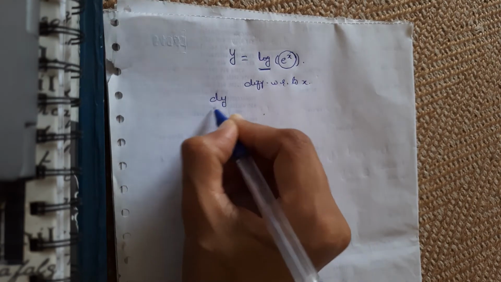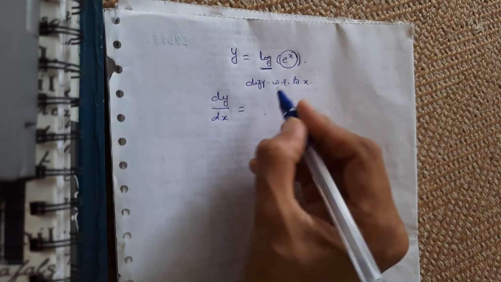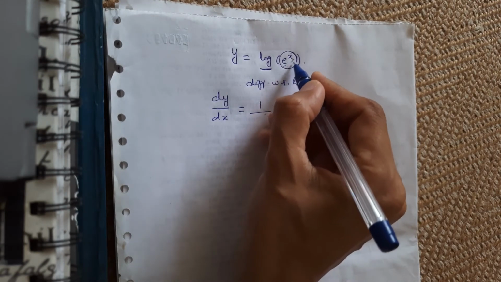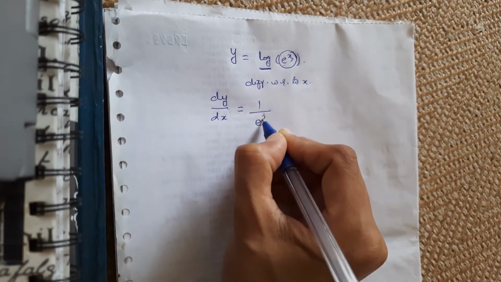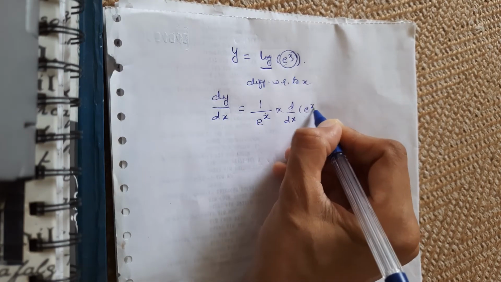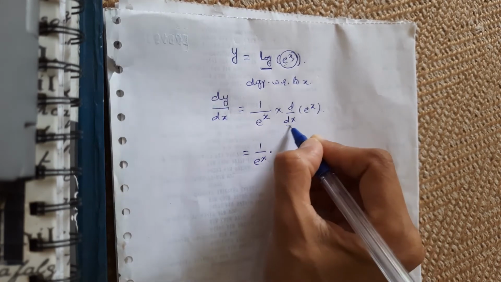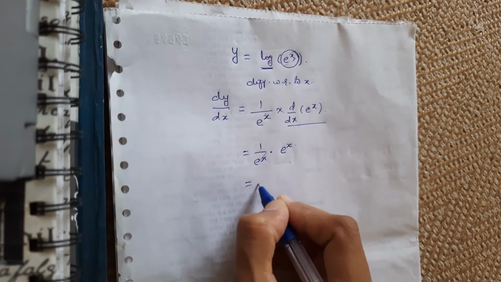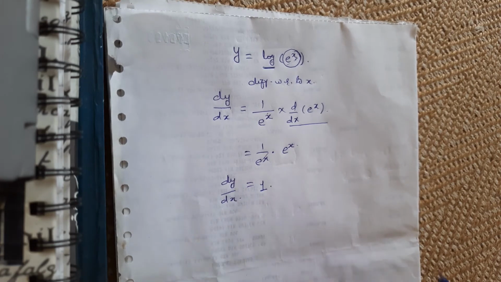So I will get dy by dx equal to, what is the derivative of log? 1 upon x, and x is nothing but e to the power x here. Whatever the inner function is, just write it as it is. So 1 upon e to the power x multiplied by the derivative of e to the power x. The derivative of e to the power x is e to the power x again. So this gets cancelled and the value is 1. So dy by dx equals 1.